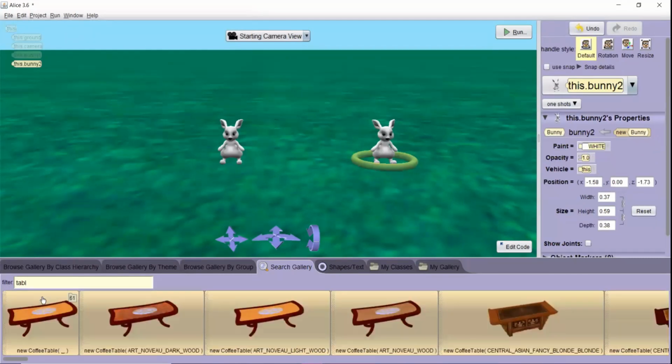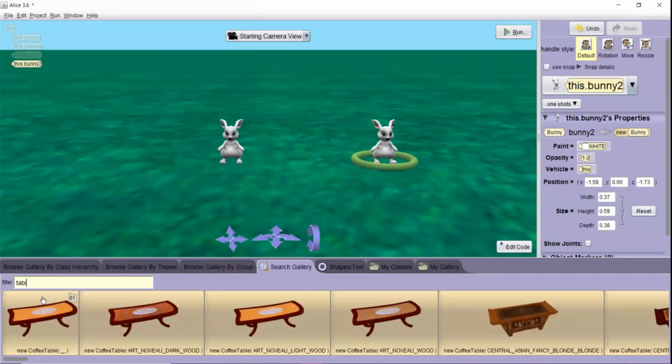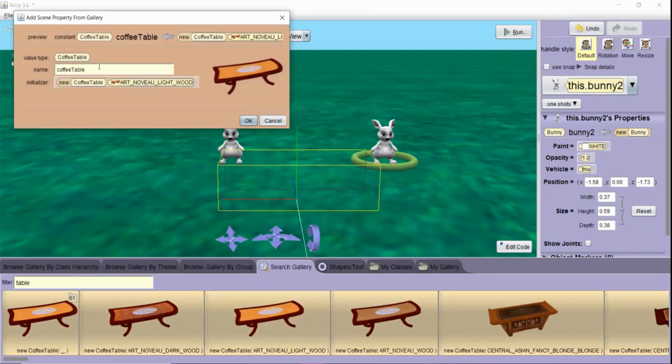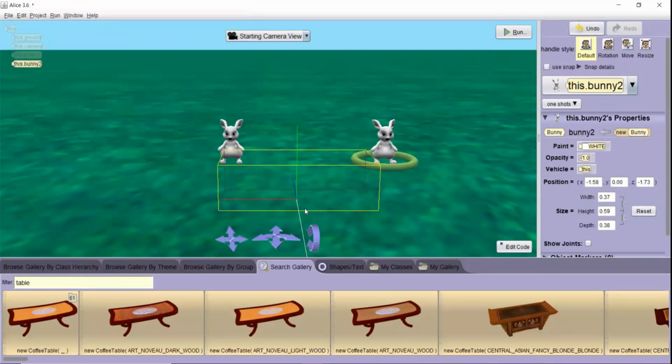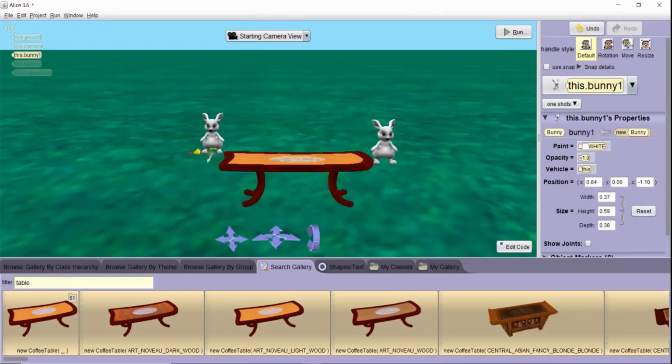Okay, table saya search lah. Okay, saya rasa macam ambil je apa-apa, saya letak di sini coffee table. Saya buat okay. Okay, ni coffee table. Okay, kita tarik dia ke sana sikit.